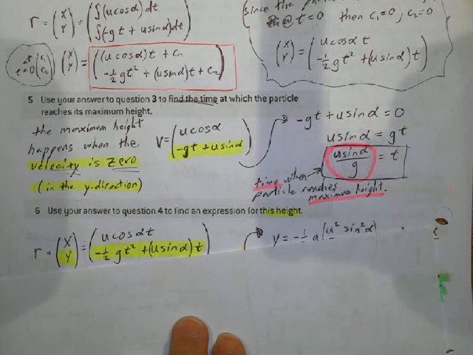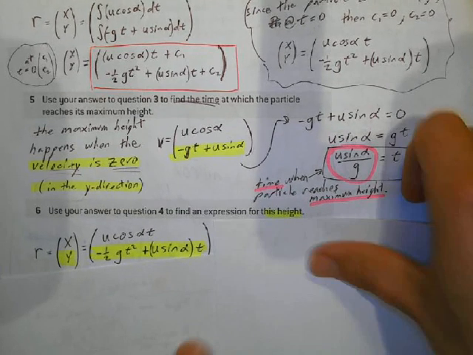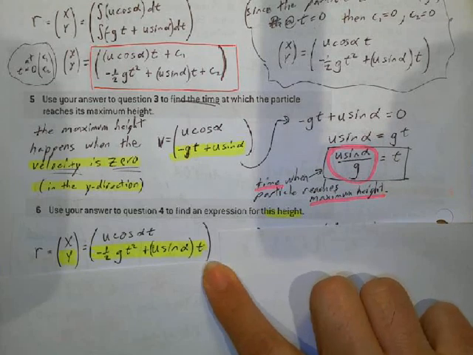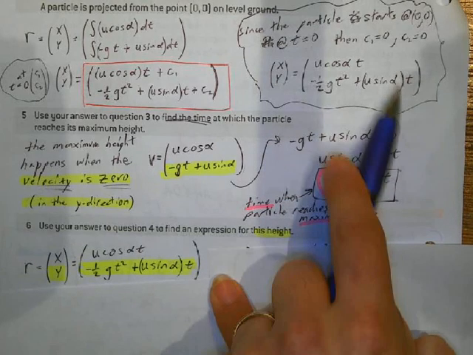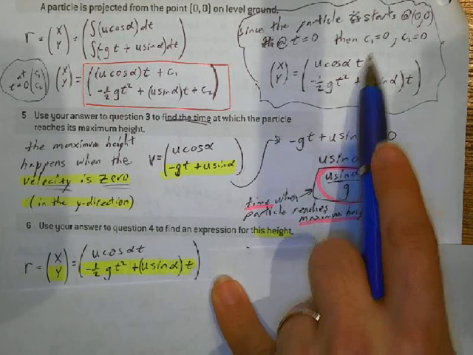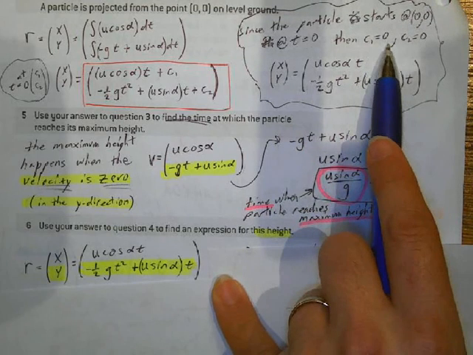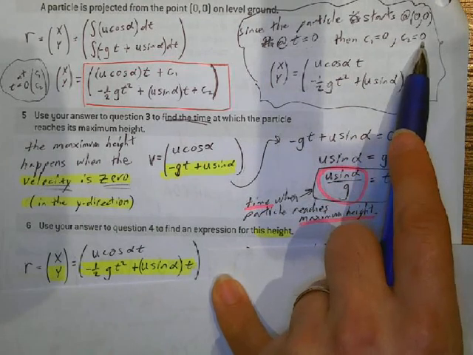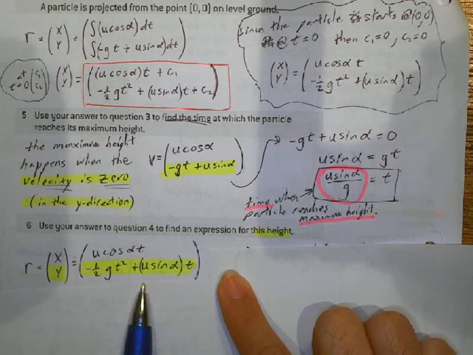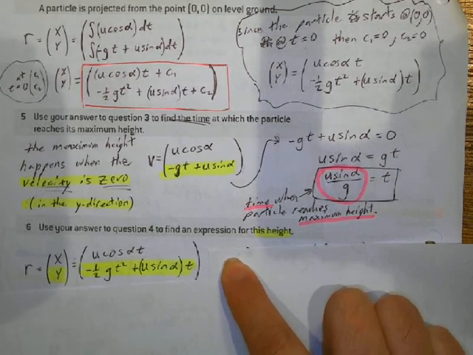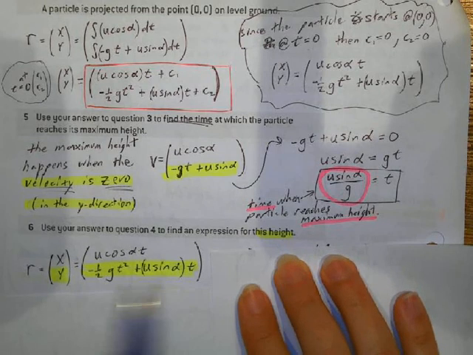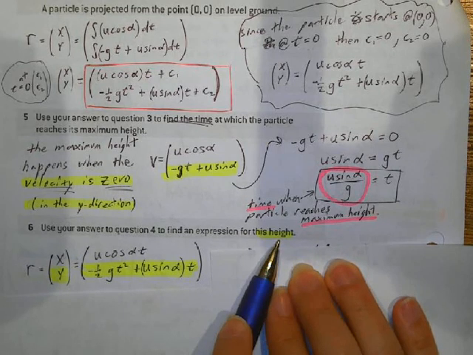So we're going to start off with this. Now this is the formula that I came up with here when we started at 0, 0, when our C1 value was 0 and our C2 value was 0. So we're starting off with this displacement vector. Okay, and we want to use this to find an expression for this height.